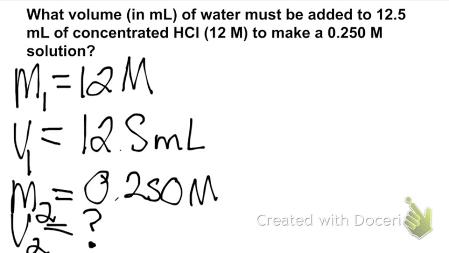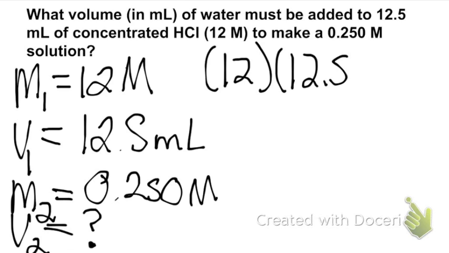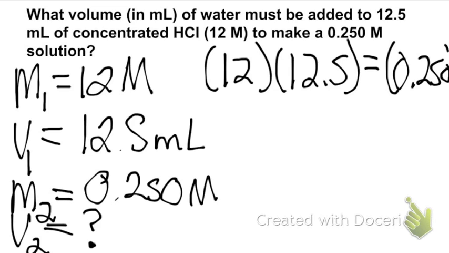All right. Now what we want to do after we've made our list is plug everything into our equation. All right, so I've got 12 molar times 12.5 equals the new molarity, which is 0.250 times, oh no, we don't know what it is.